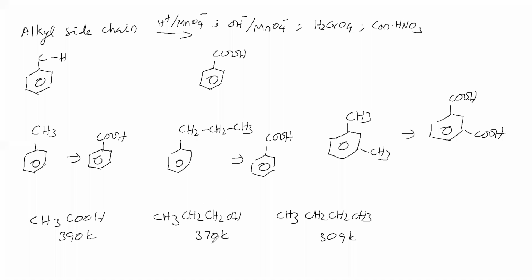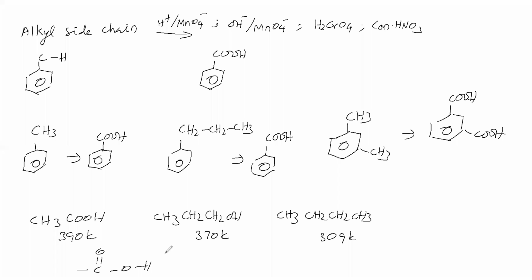In alcohol, the boiling point is higher than in alkane because hydrogen bonding is possible from the OH group. In acetic acid, the boiling point is higher than in alcohol because acetic acid forms stronger hydrogen bonding. Why? Because the CO group is an electron withdrawing group.